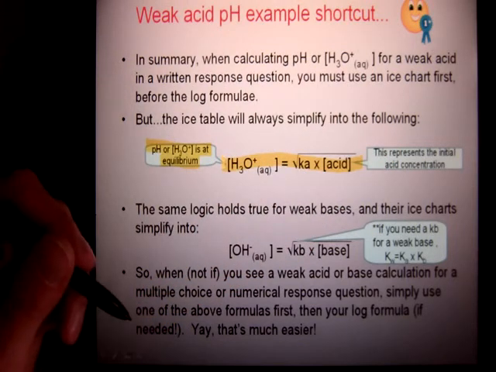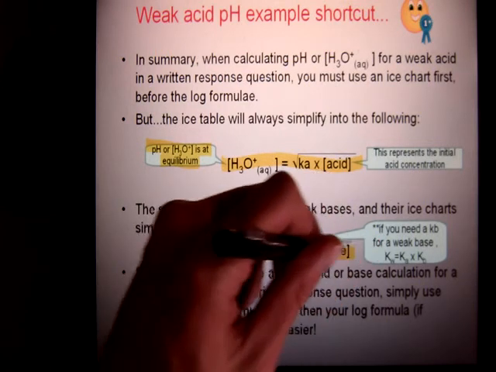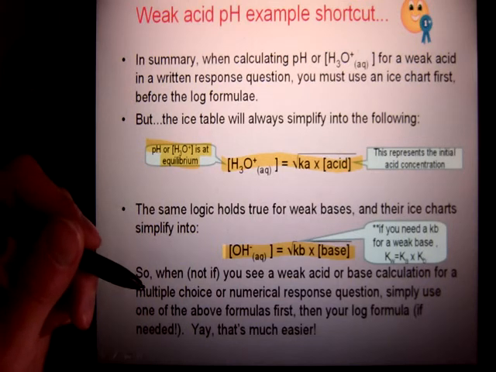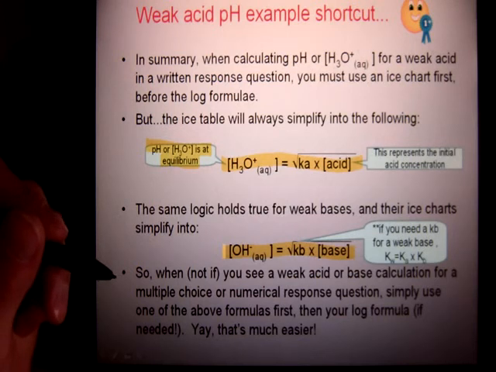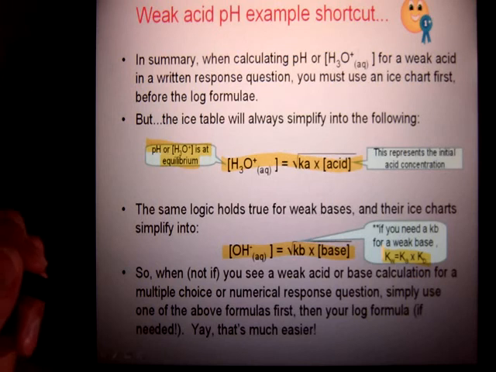That's what that ice chart always simplifies into. Okay, if you're trying to solve for a weak base, same thing. But now it's going to be hydroxide, square root of the Kb times the base. And as mentioned before, you'll need the Kw expression to solve for Kb before you do that. Okay, you don't always have to do this, just when you're dealing with weak acids.